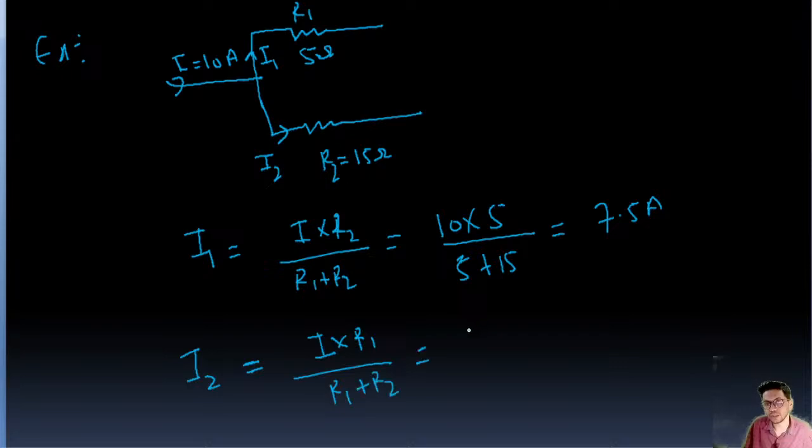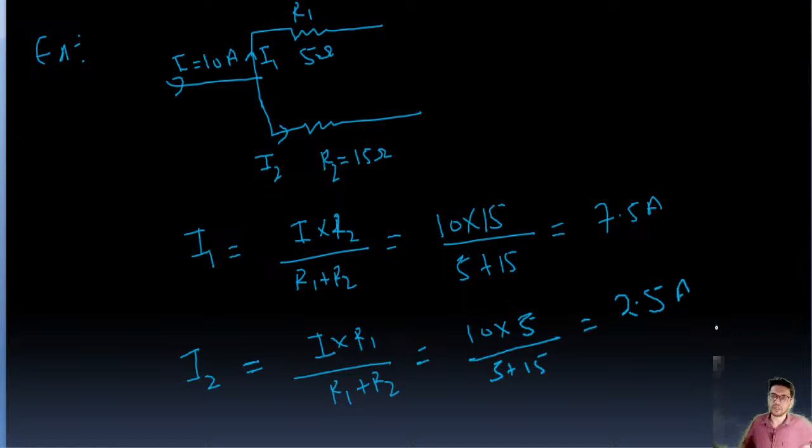So I means 10 into R1, which is 5, upon 5 plus 15, and this value is going to be 2.5 ampere. Total current which will pass will be the same, that is 10 ampere. 7.5 plus 2.5 is 10 ampere, right guys? This is the current divider rule, guys.